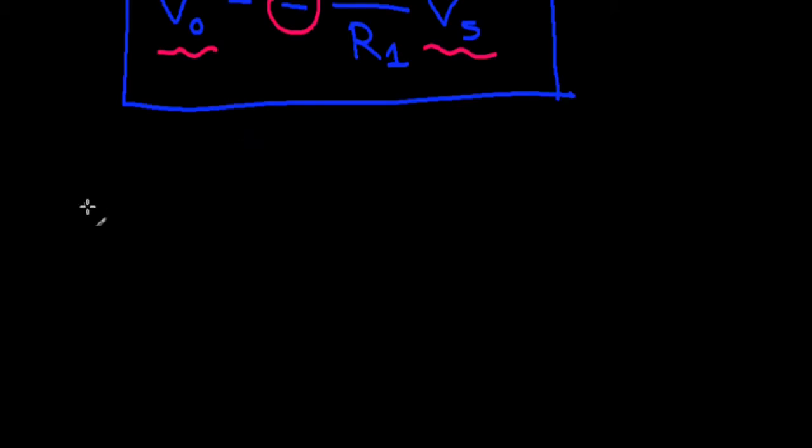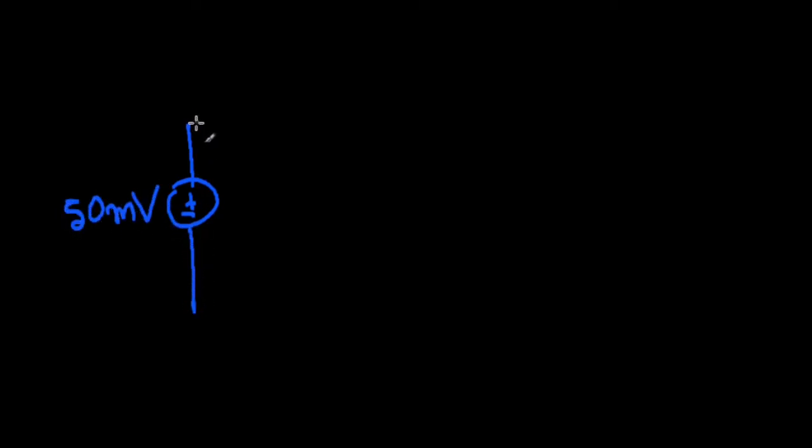But at least let's change up some things, not just keep doing the same 10 kilo ohm, 20 kilo ohm problem. So suppose I have, let's say, 50 megavolts. No, let's say this is 4, so 4 kilo ohms.